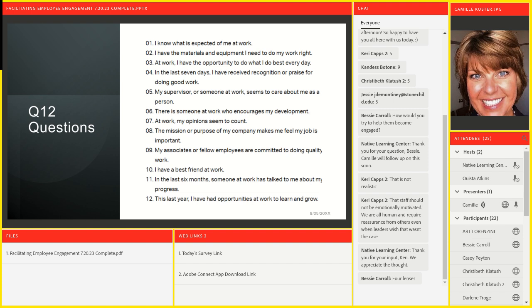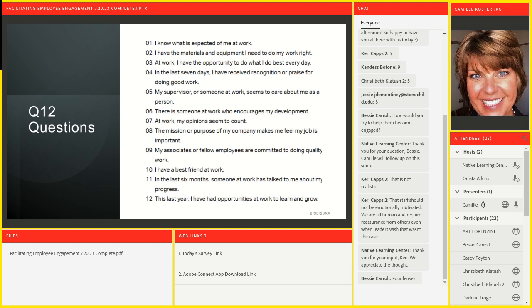Something that I have done for about 10 years is a concept called stay interviews. I don't know if anybody has heard of stay interviews or done any, but a stay interview simply comes down to this: when you have an engaged employee, or someone who's not engaged that you're trying to move to engaged, you figure out why they stay working for you. What is it that excites them every day about getting up and coming to work at their job?